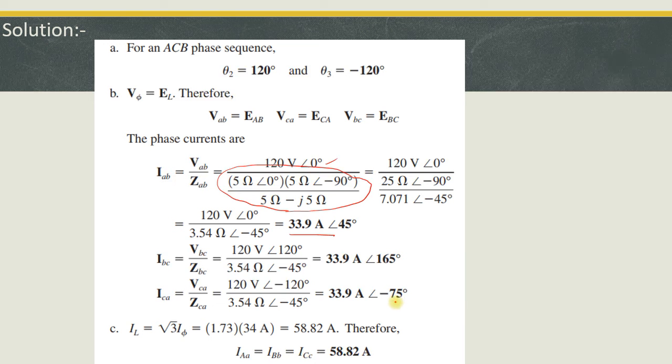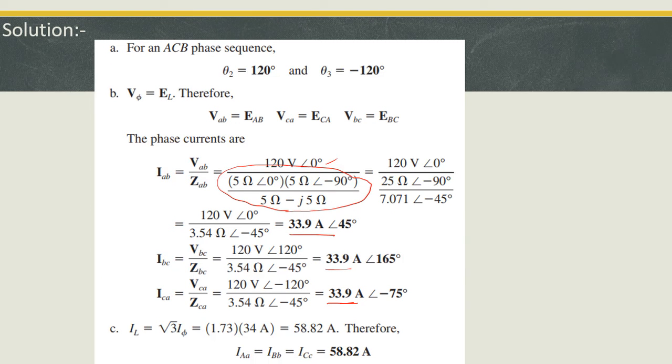So here I stress a particular point. Here the magnitude of the current is 33.9 because it is a balanced load. If the load is unbalanced, definitely the magnitude value would change, but here the impedances are equal, so the magnitude is the same.